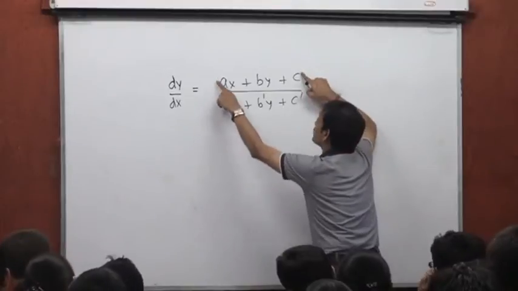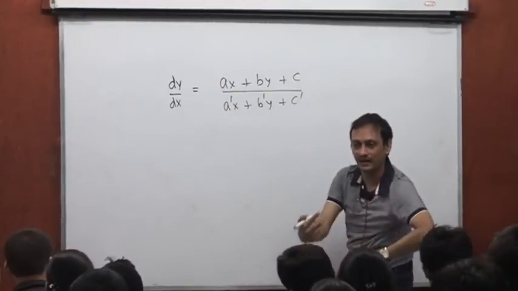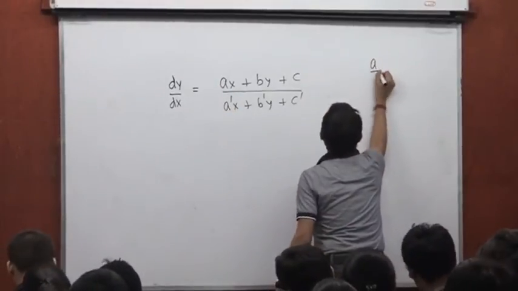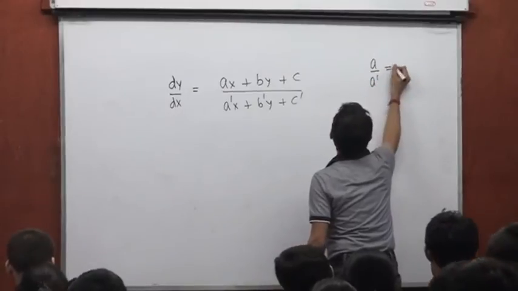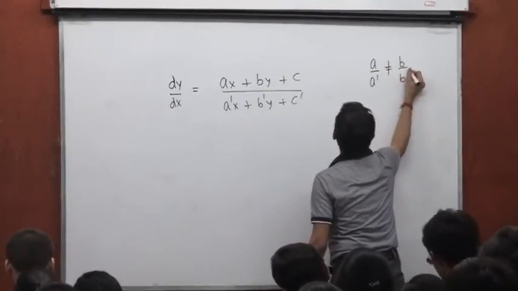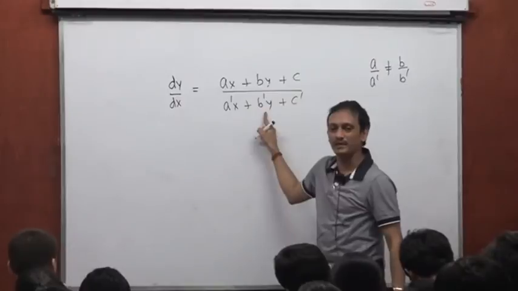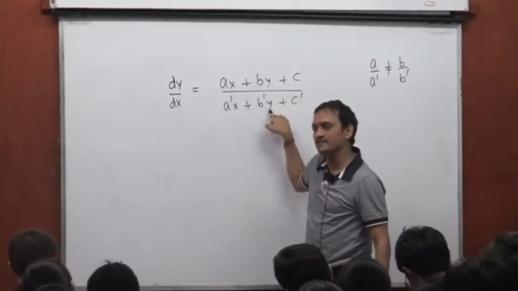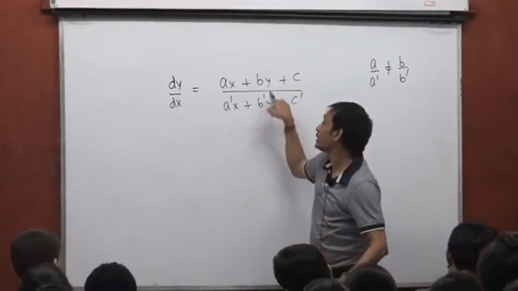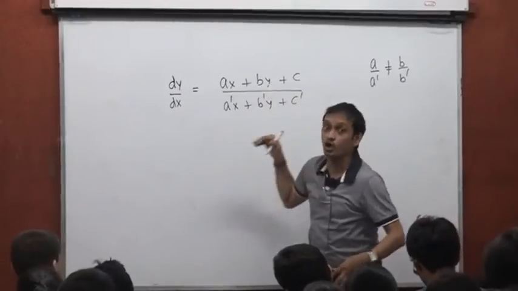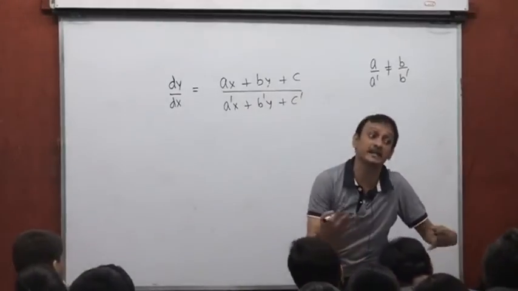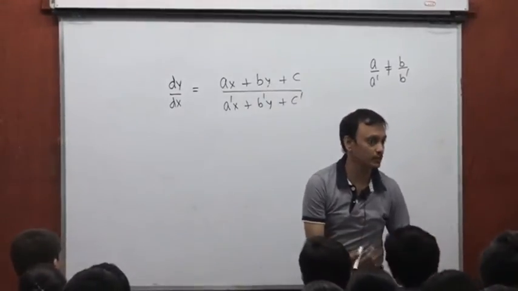These two lines, this equal to 0 and this equal to 0, are non-parallel lines. That means a by a prime is not equal to b by b prime. That means a by b is not equal to a prime by b prime. If they are non-parallel lines, they do intersect at a point.